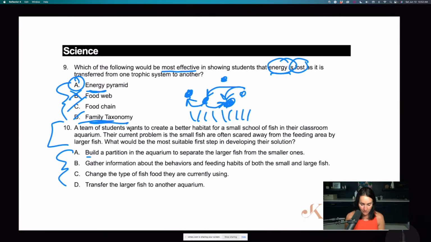All right, build a partition, gather information, change the type of fish, transfer the larger fish. I don't need to read the whole answer choice here. I can just go with the action that's happening. So we have build, gather information, change the type, and transfer. Right away, gather information. Telling you guys, pay attention to this.